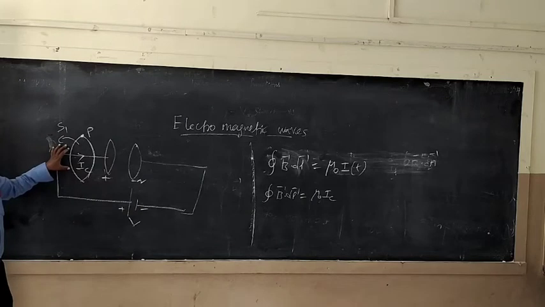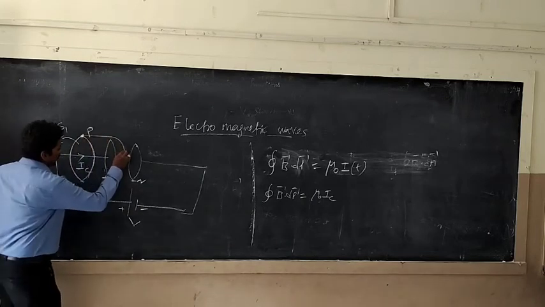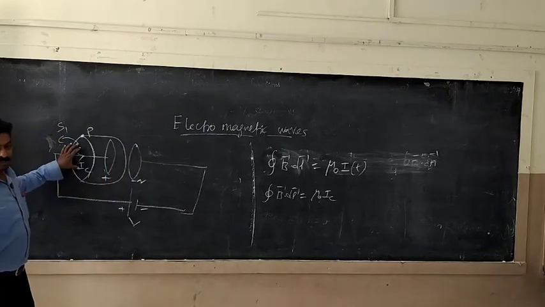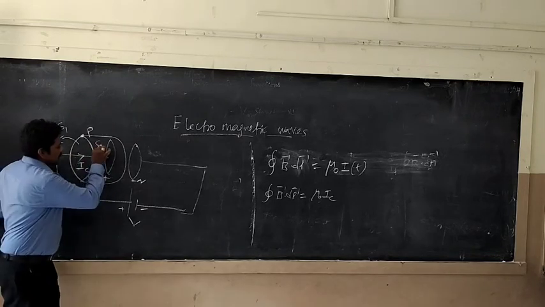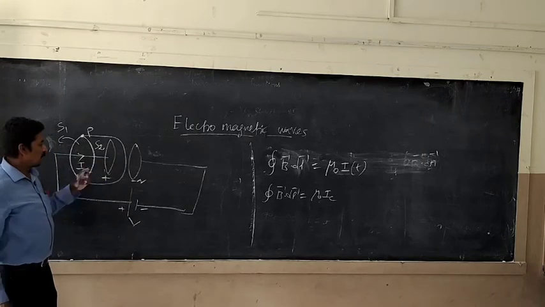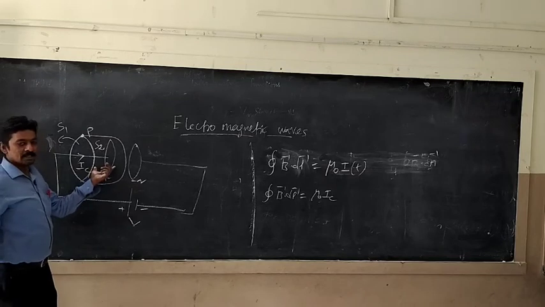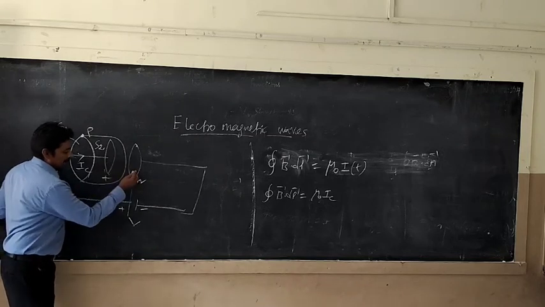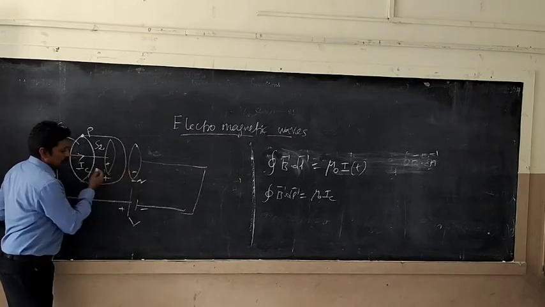Suppose this Amperean loop encloses a balloon shaped surface. That means S1 is the circular surface and S2 is the balloon shaped surface. I have to find the magnetic field at point P. Here, the balloon shaped surface passes between the capacitor plates, separating the positive plate from the negative plate.